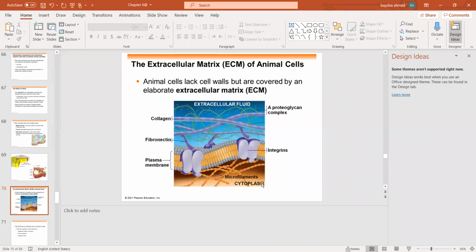On the other side, integrins are attached within the cytoplasm to the cytoplasmic microfilaments. On the other side, they attach to the fibronectin that holds the collagen and in turn holds the extracellular fluid.